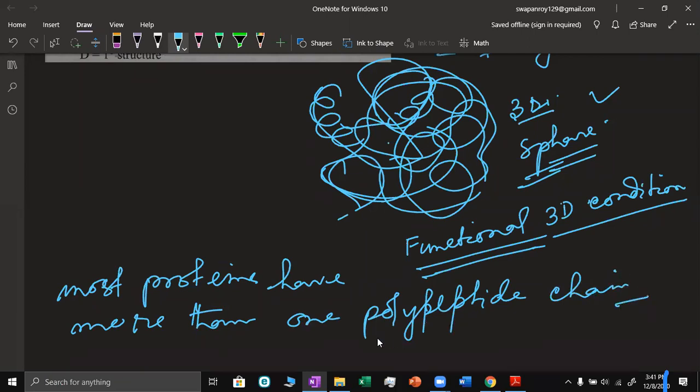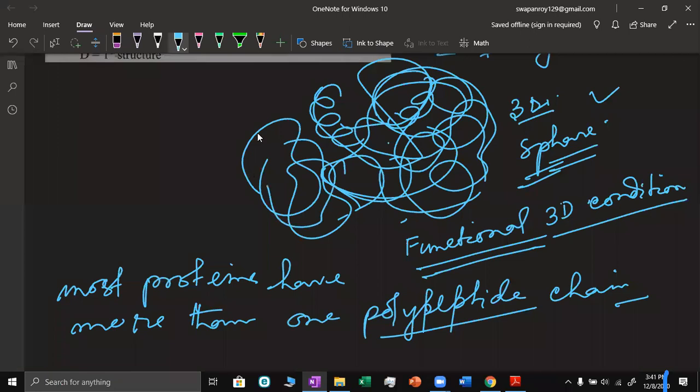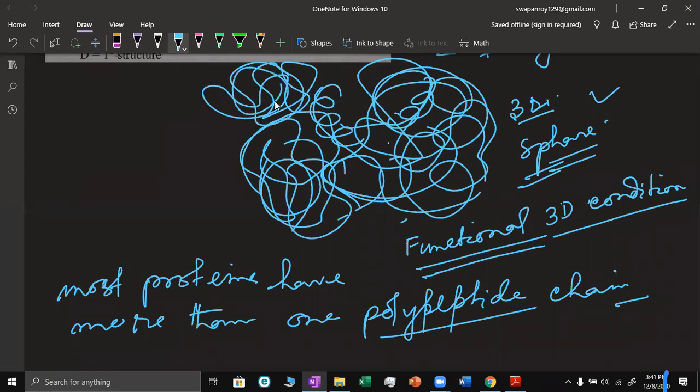When more than one polypeptide chain comes together, say this one is a 3D structure, another 3D structure is coming here, another one is coming here, all these together form one functional unit. Each polypeptide in its 3D structure is at the third level of organization.